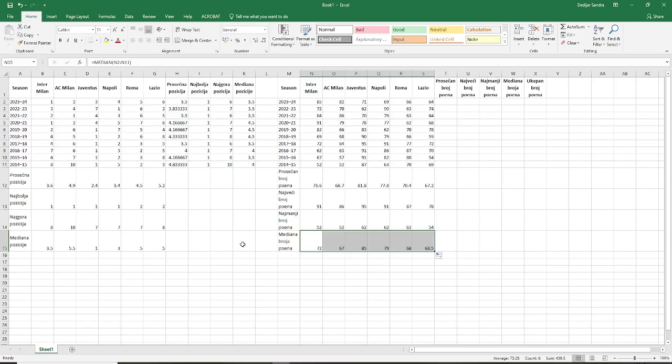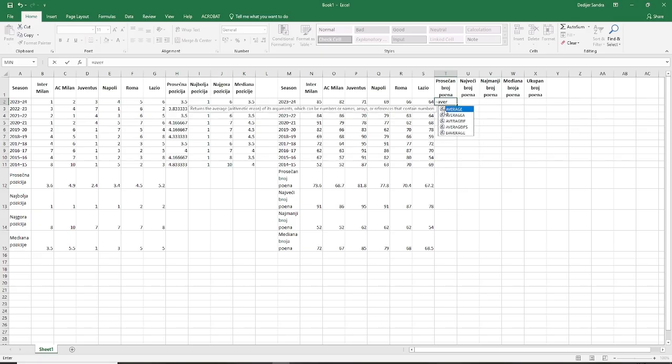Observing them as a group, we first calculate the average number of points per season for 2023-24 season using the formula average from N2 to S2.